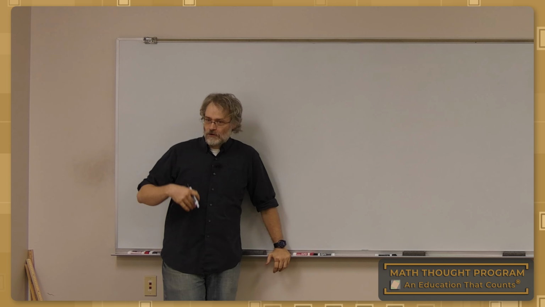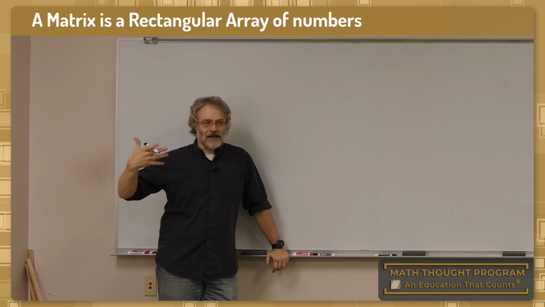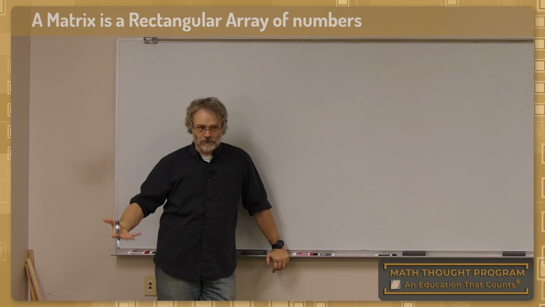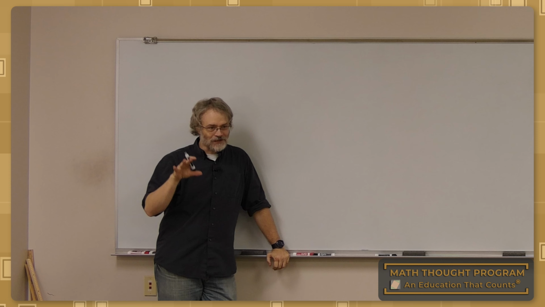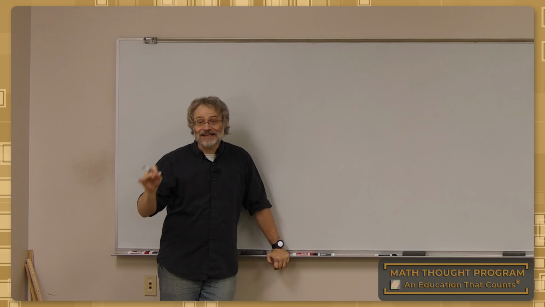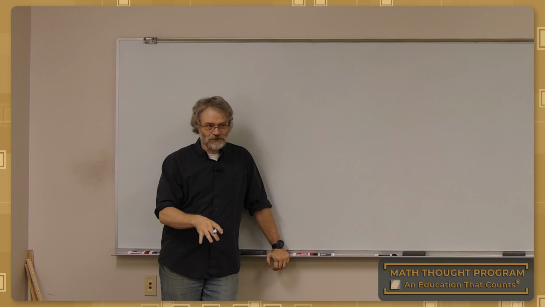Okay. So first off, a lot of terms here today, guys, but a matrix you can think of as a rectangular array of numbers. If you're in computer science, you've seen rectangular arrays, maybe like linked lists. So you can think of that as being a matrix.